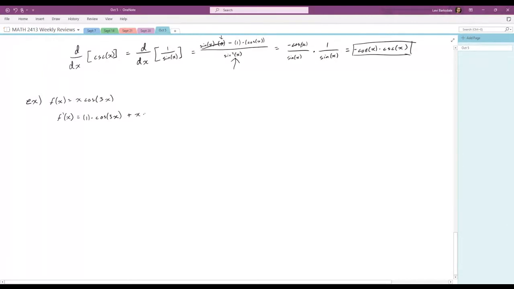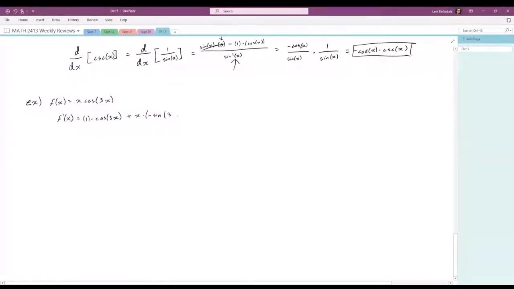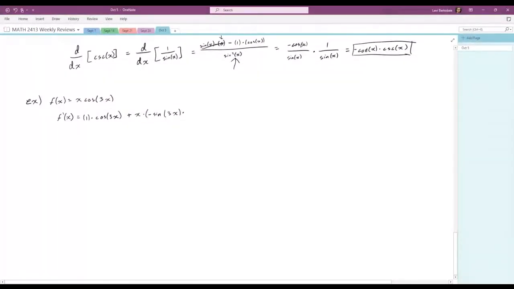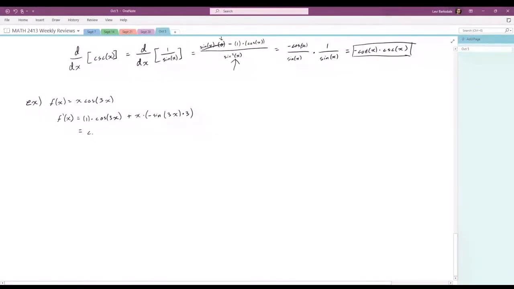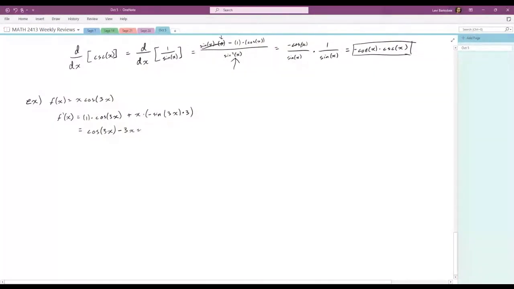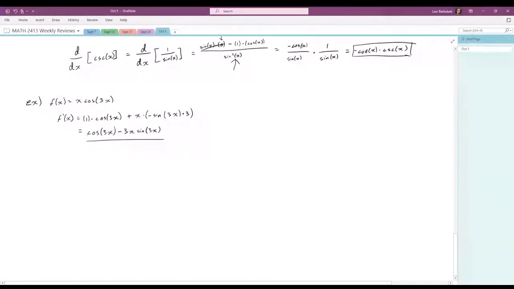The derivative of cosine is negative sine. As always, I leave my inside alone and then multiply by the derivative of the inside. The derivative of the inside is the derivative of 3x. The derivative of 3x is 3. Now just cleaning it up a bit. There's my final answer.